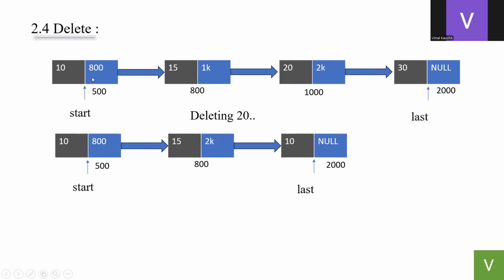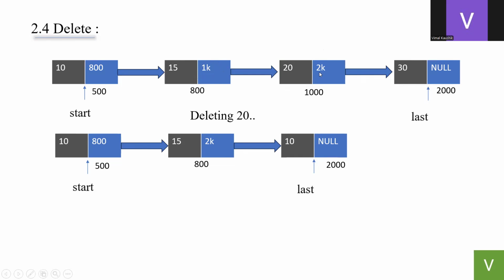Now let us look at deletion operation. In this linked list, if we want to delete the element 20, then we need to update the address of its previous node, because consider this second node, it has an address of 1k corresponding to 20. So on deleting 20, the address 1k should be changed.